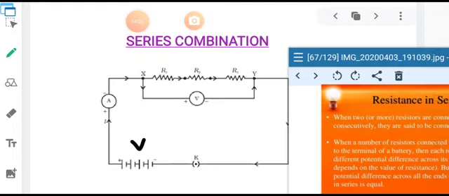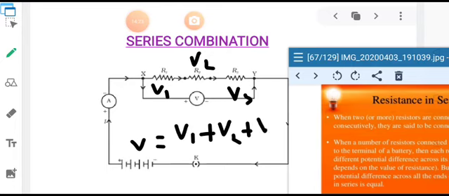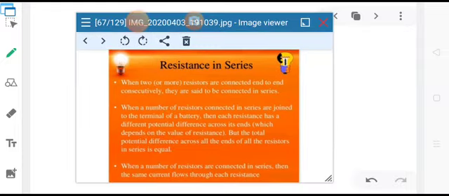Suppose across R1 the potential drop is V1, across R2 the potential drop is V2, and across R3 the potential drop is V3, then V will be equal to V1 plus V2 plus V3.